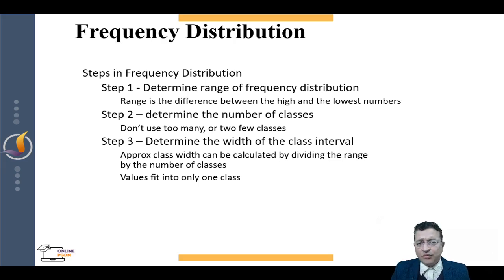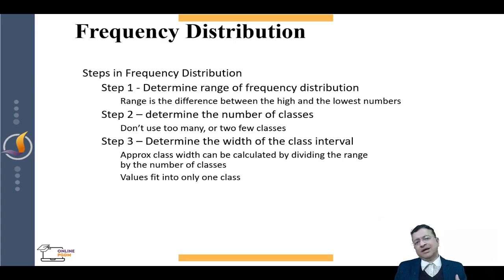Now we need to keep in mind that classes should not be too many, so that it is difficult to handle, and also not too few, so that the purpose for which we are converting data into classes is not served.